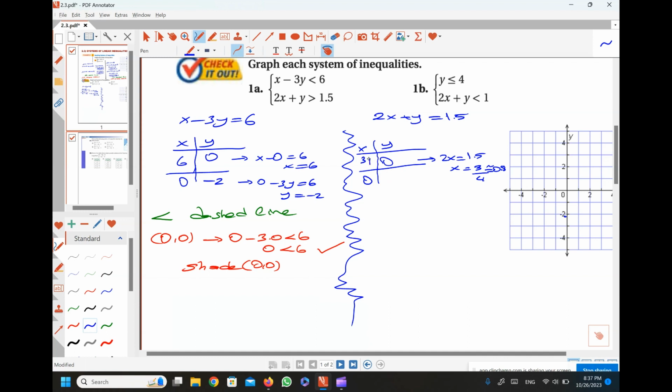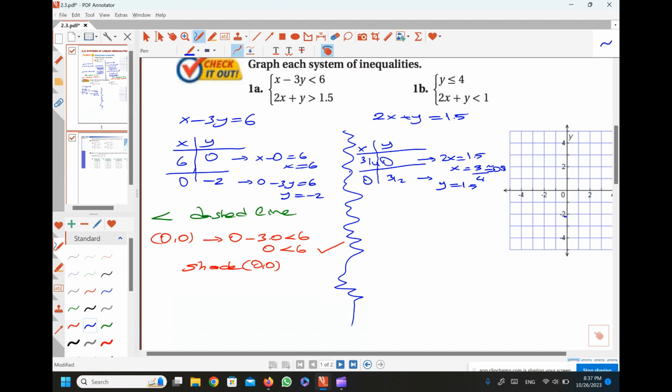For y-intercept, your x is 0. When your x is 0, 2 times 0, 0 plus y equals 1.5, 3 over 2. So you find 3 over 4 on the x-axis, 3 over 2 on the y-axis, or you can use decimals, it doesn't matter.